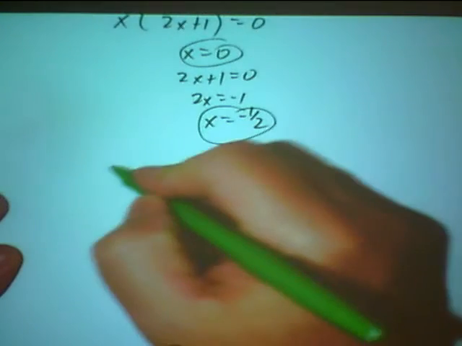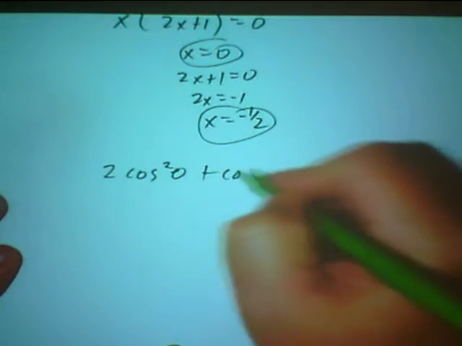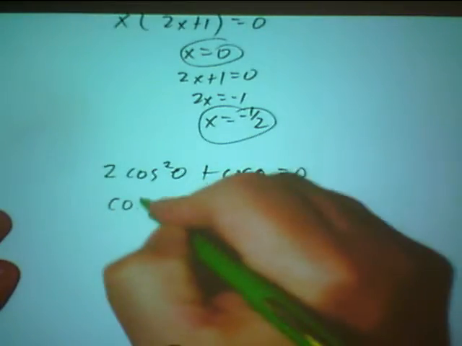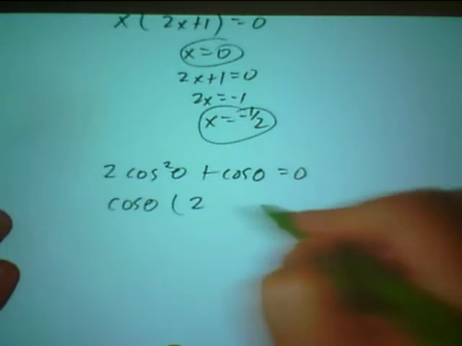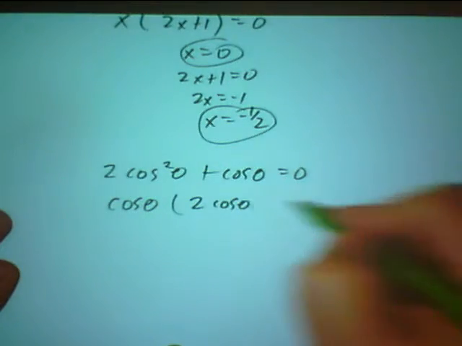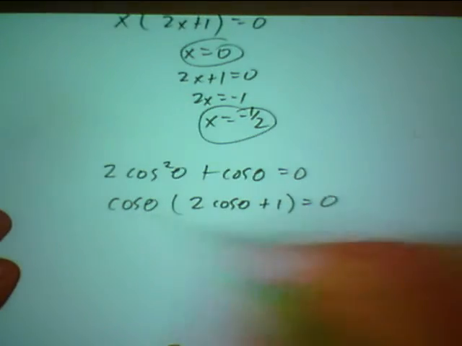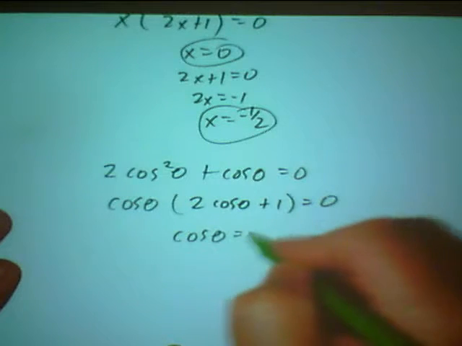So, just to rewrite it, I'm going to go ahead and now factor out a cosine of theta. So inside the parentheses, 2 cosine theta plus 1. And now I take each of my factors and set it equal to 0.